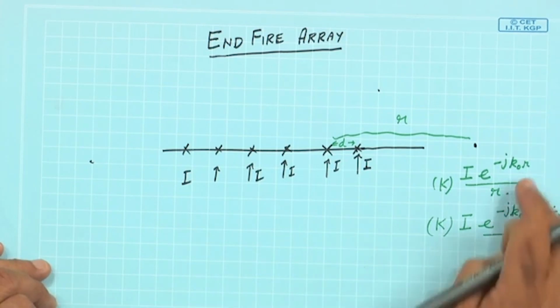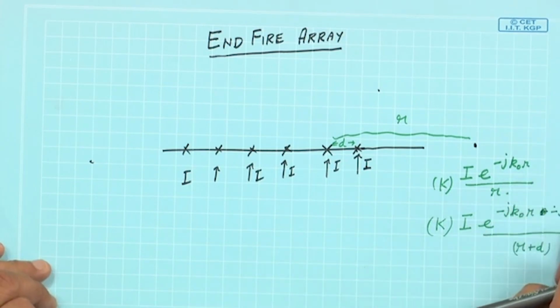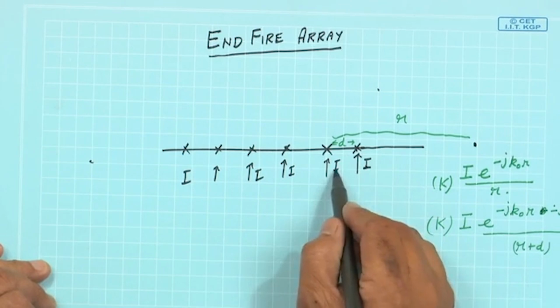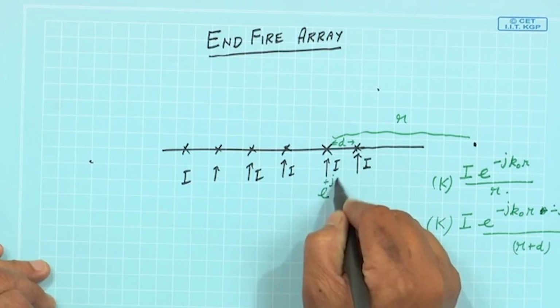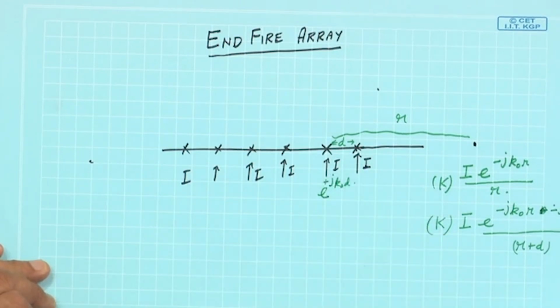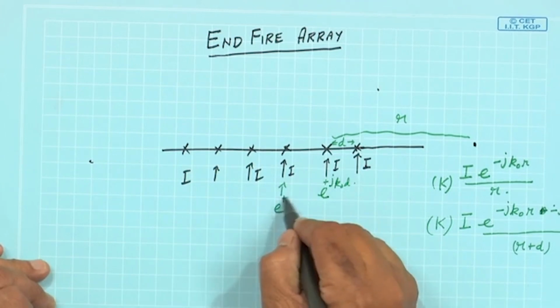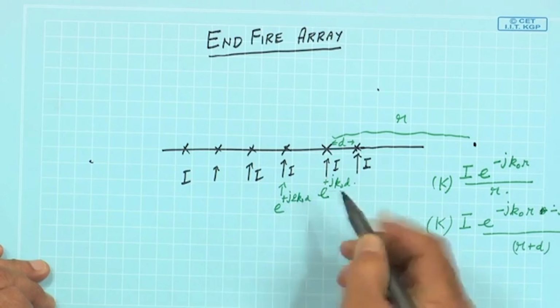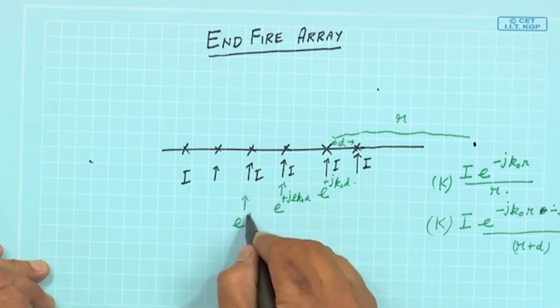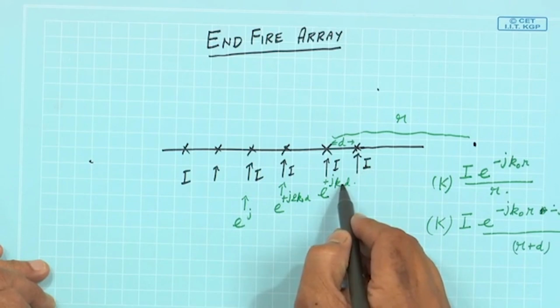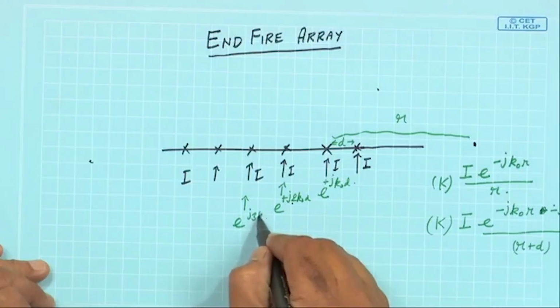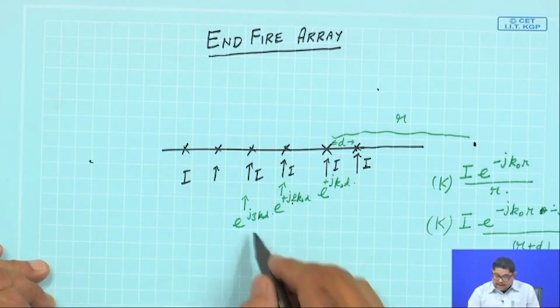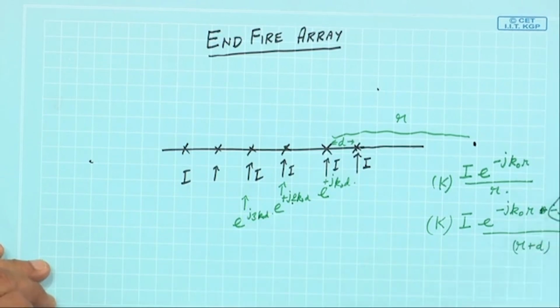So, you see that between this one and this one, the difference is e to the power minus j k naught d. Now, while exciting, compared to this one if I give an extra phase in the current of e to the power plus j k naught d, here I give e to the power plus j 2 k naught d, and here e to the power plus j 3 k naught d etcetera in the excitation current phase, then this part is getting cancelled.